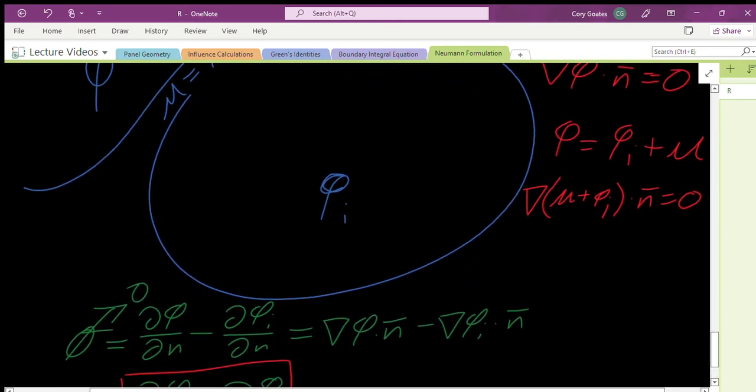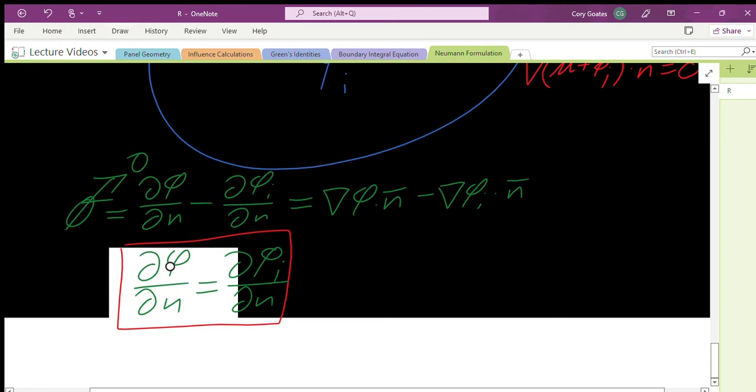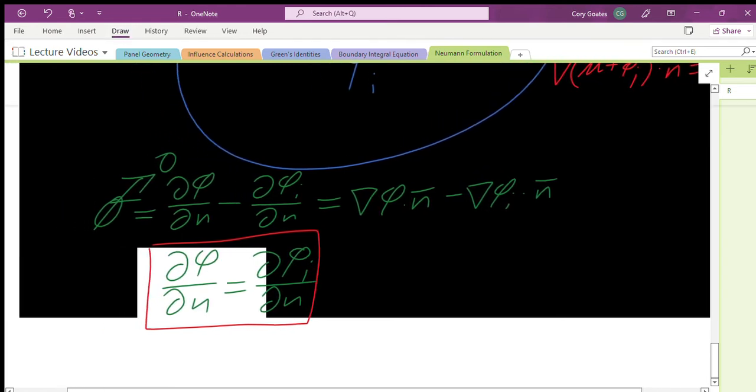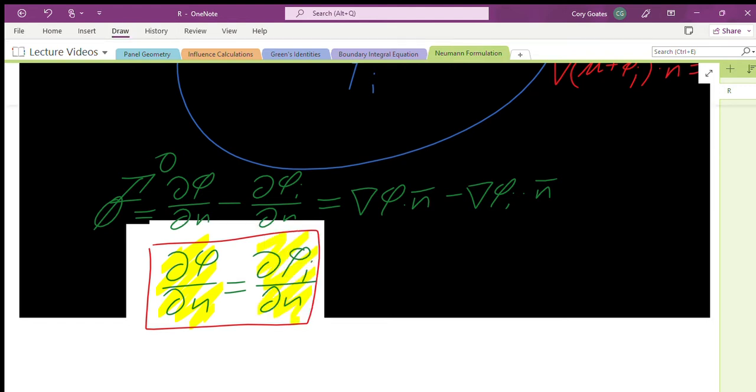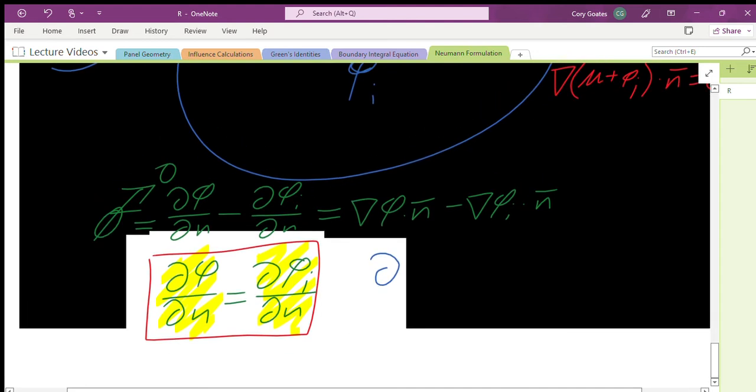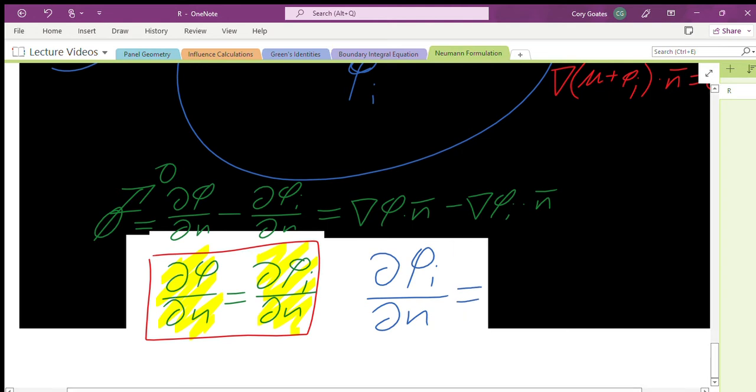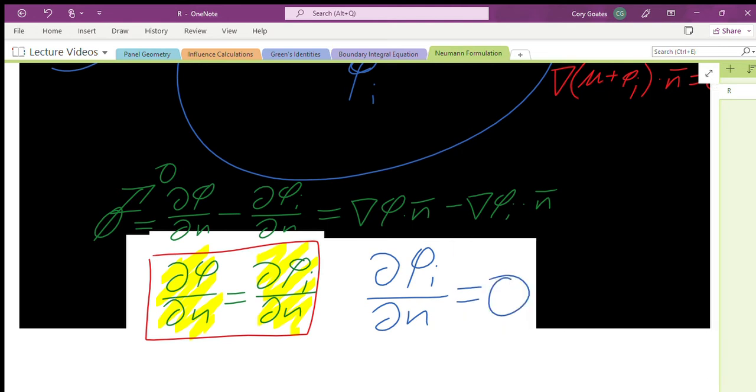Because of that boundary condition we've induced, this term here is just grad phi dot n, which is equal to 0. Well, then that means that this term here is also equal to 0. So by saying there aren't any sources, and by enforcing our zero normal flow boundary condition, we have said, whether we like it or not, partial phi inner partial n is equal to 0.